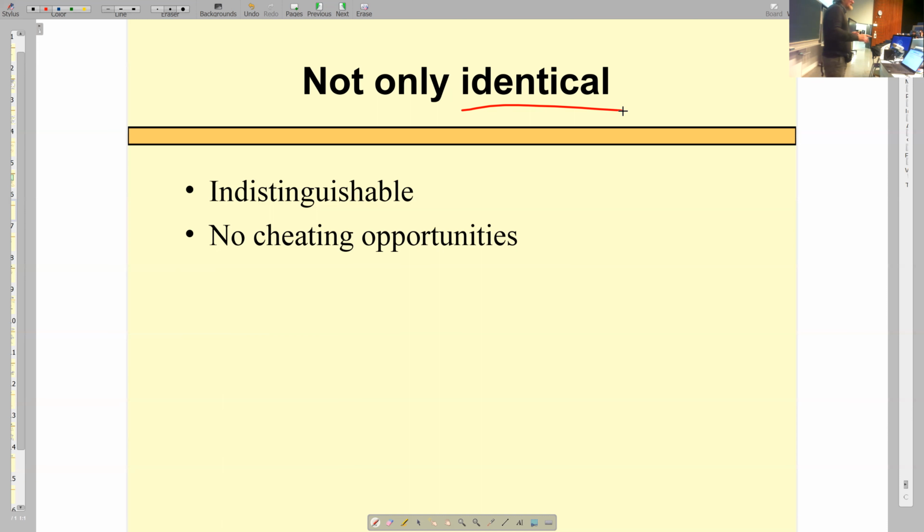As they say, they are indistinguishable. I would prefer to call it elimination of cheating opportunities.